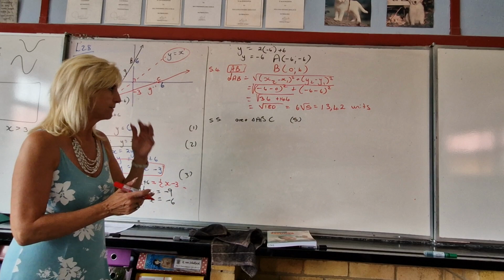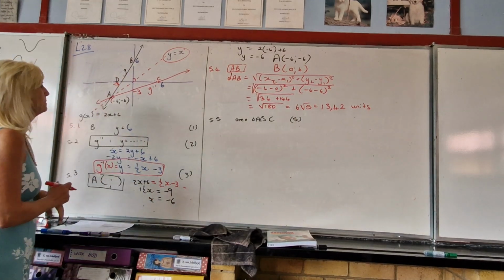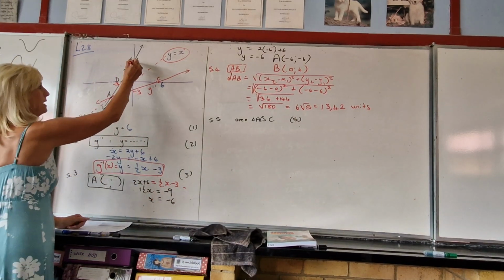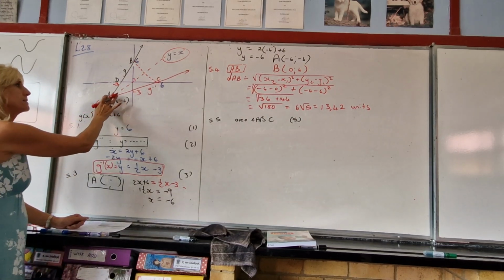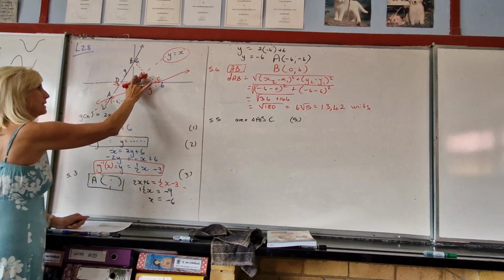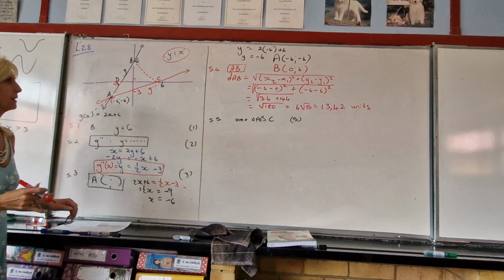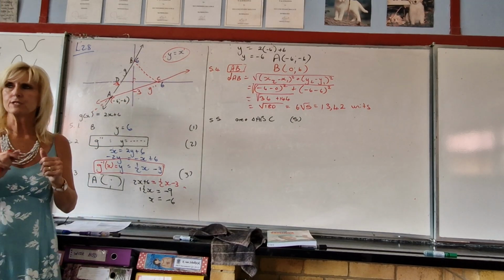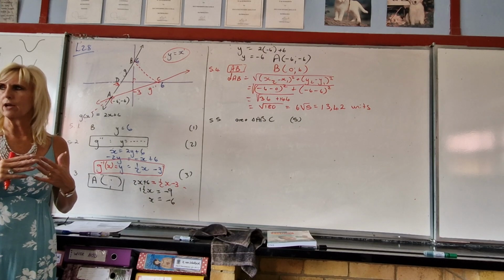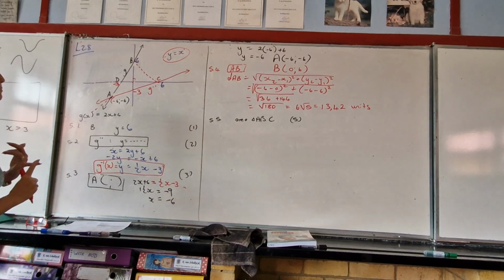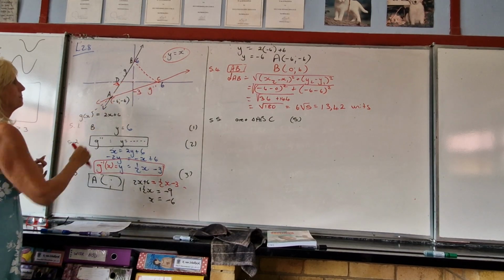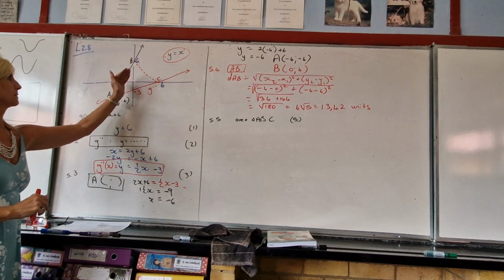Last question says, find the area of triangle ABC. There isn't a triangle until I sketch it in there. Now if I have a look at that, do I have first instinct for area of a triangle is half base times perpendicular height, right? Is there a base and a perpendicular height here? Base, height, base.